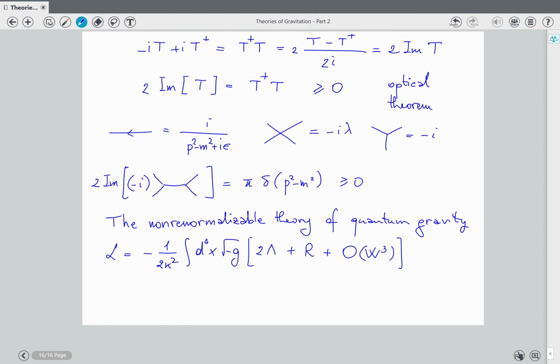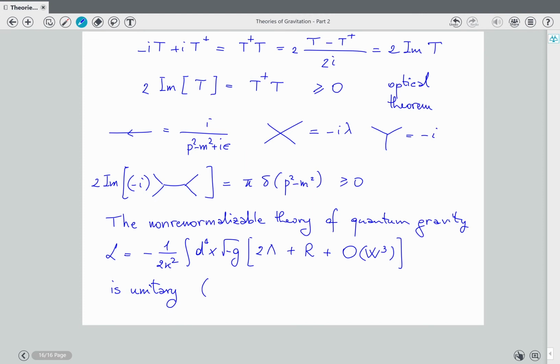So the convenient way is to classify them by means of the Weyl tensor. So this theory is unitary, which means that it contains infinitely many terms, but it doesn't disturb the unitarity.